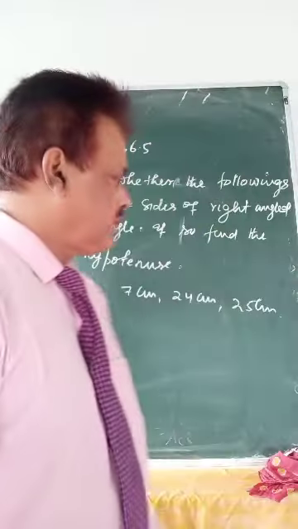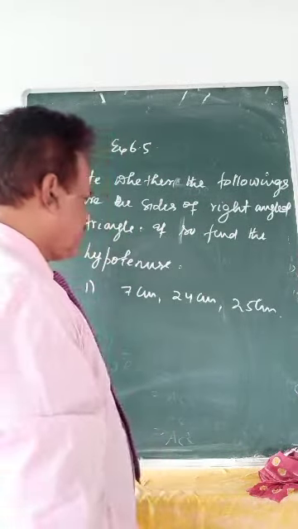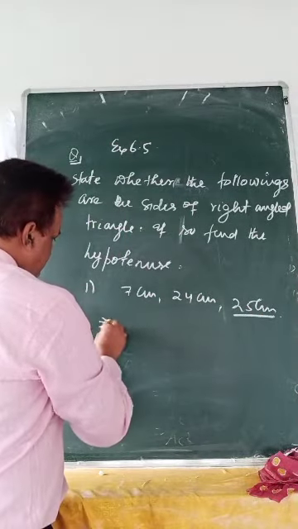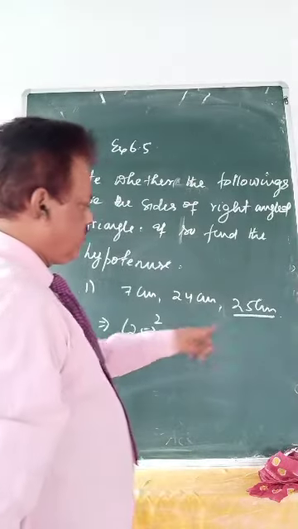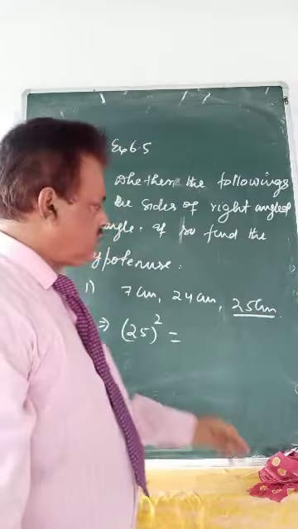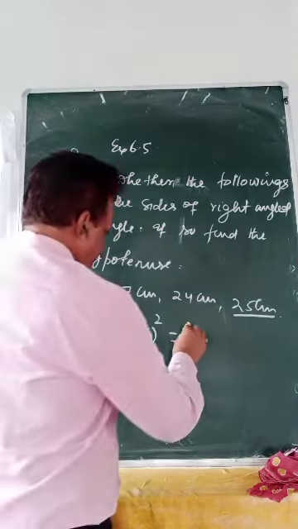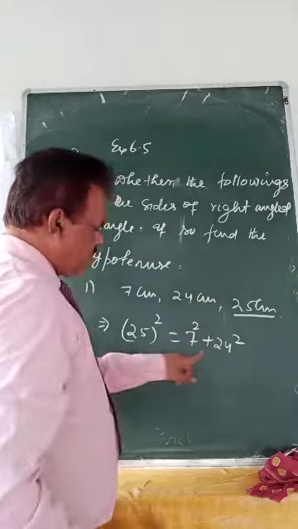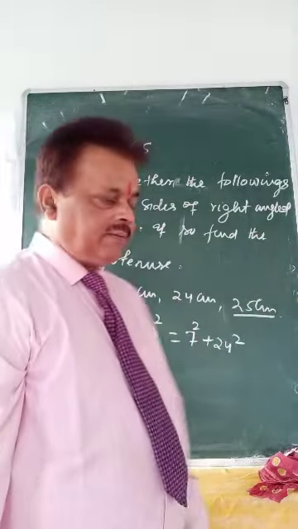Okay, now look. Pythagoras tells you the square of the longest side, which means 25 square, equals the sum of the squares of the other two sides. If these two are equal, then these are the sides of a right triangle.